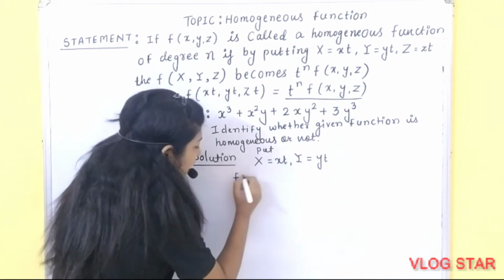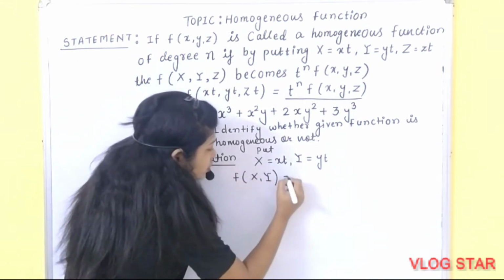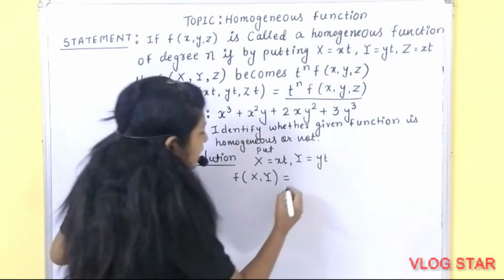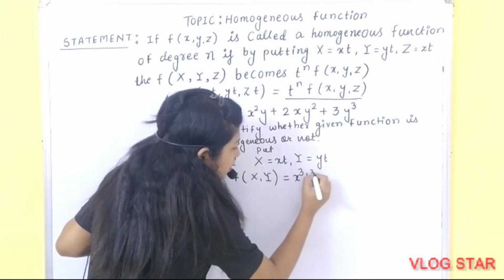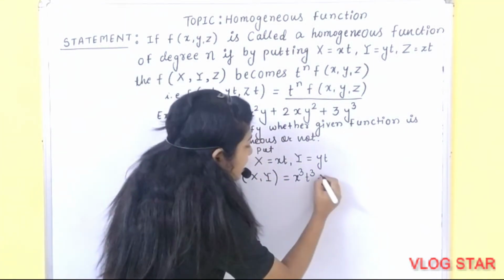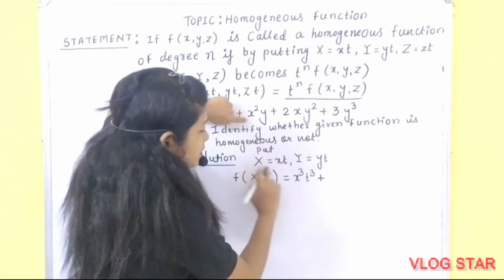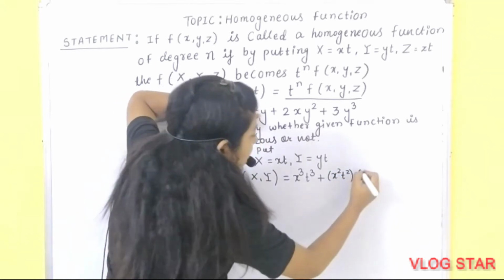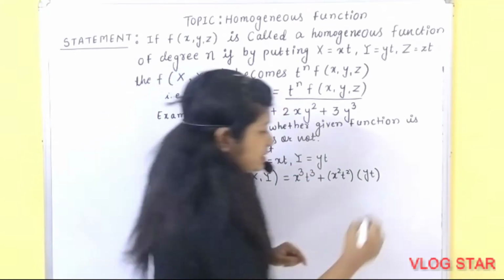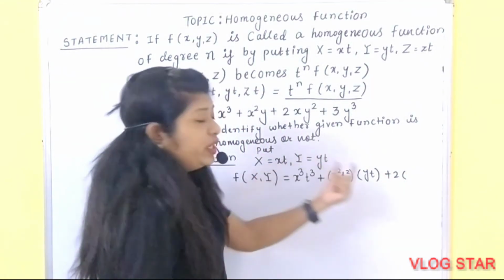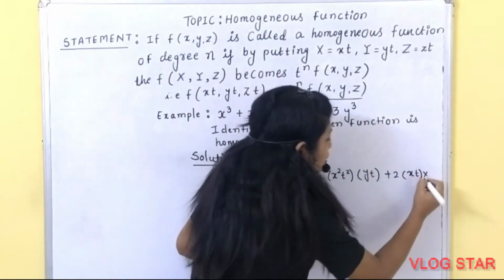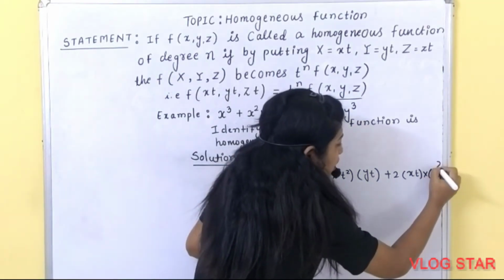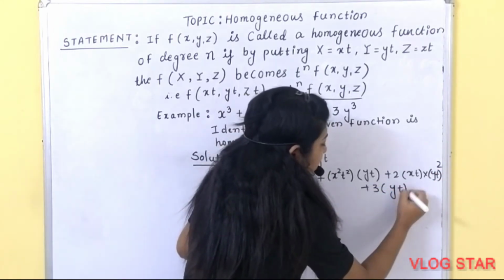So f of x comma y equals, if you substitute xt here, you will get x cube t cube, plus x square into t square into y t, plus 2 into xt into yt whole square, plus 3 yt whole cube.